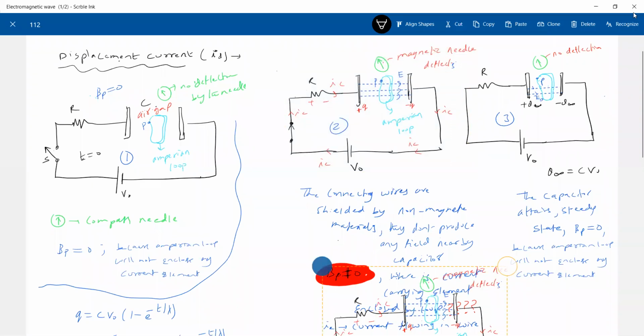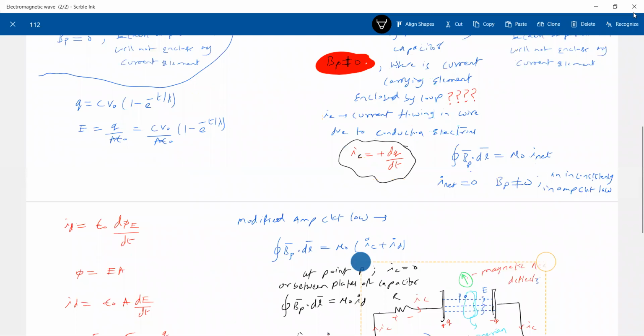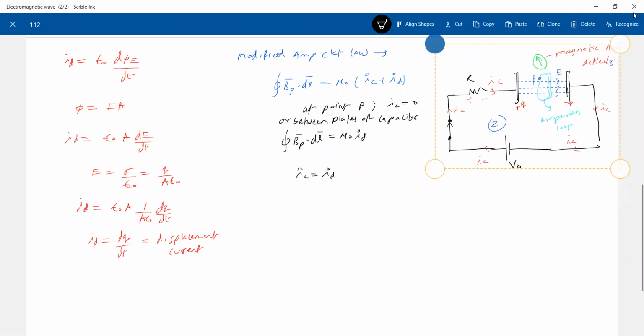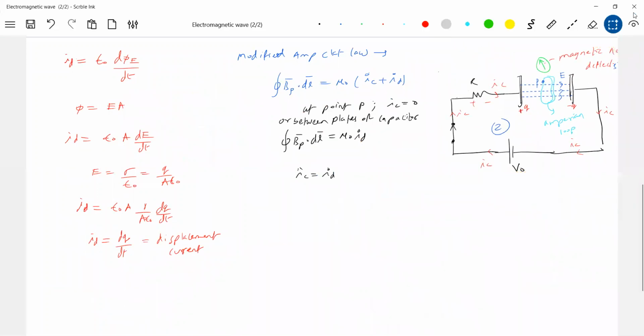Okay, let's take this one. The magnetic needle deflects. Now let's write some very important information.